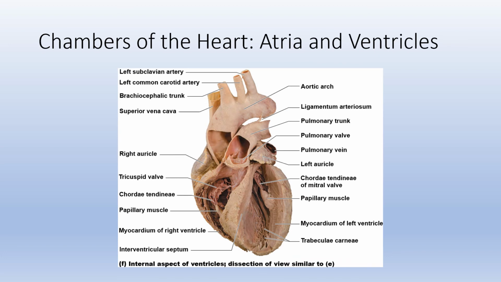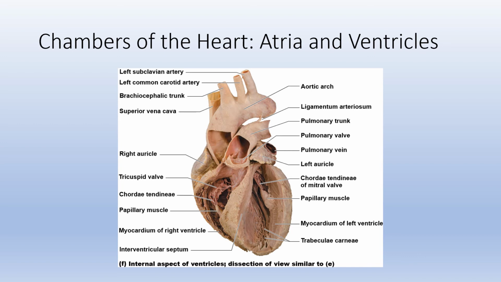This image is taken from a cadaveric specimen or a human. So we have removed some of the heart wall in certain places. You should just simply be able to identify general areas of the left and right atrium, the left and right ventricle.